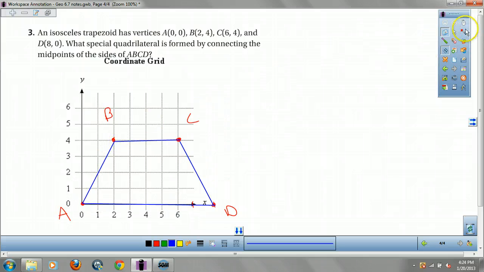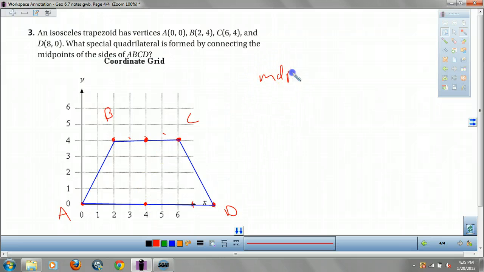And we want to connect the midpoints. Well, let's do the easy ones first. What's the midpoint of BC? We go 1, 2, 3, 4, so half of that. That's my one midpoint. And my other one, this one is 8. Half of 8 is 4. So those two are easy, right?